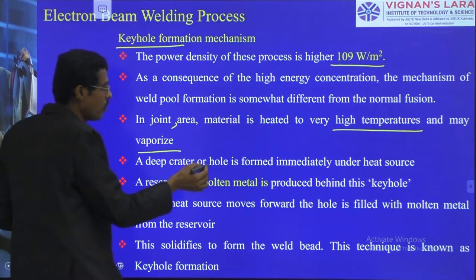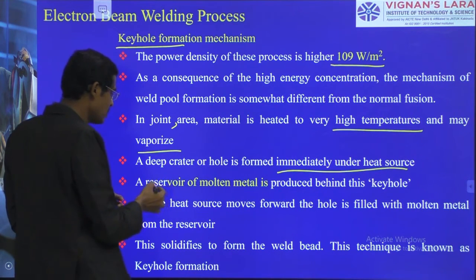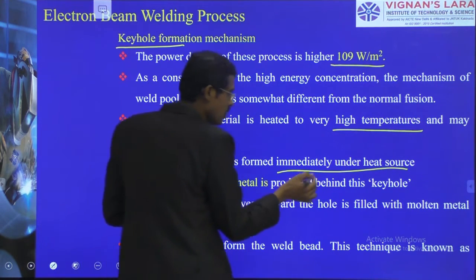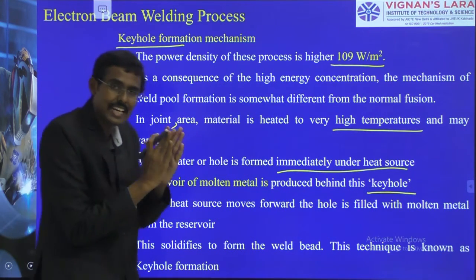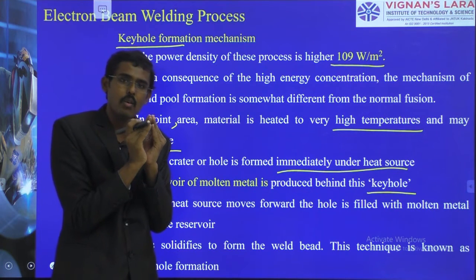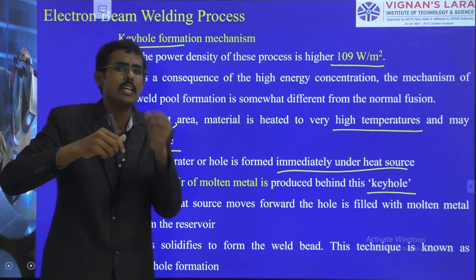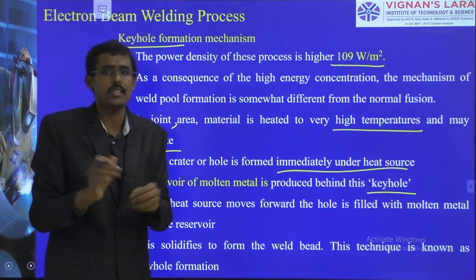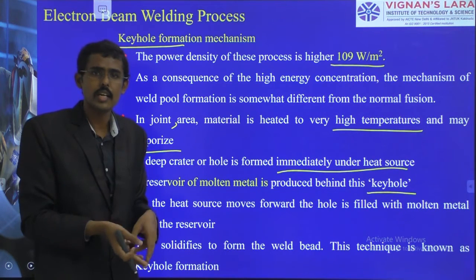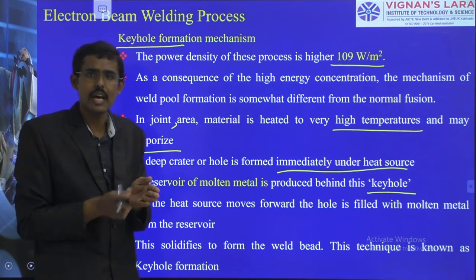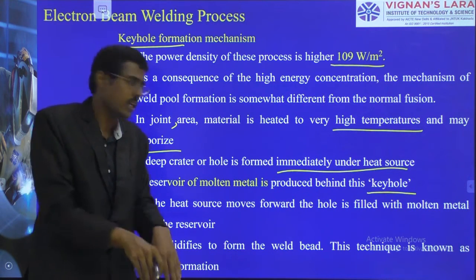A deep crater or hole is formed immediately under the heat source. A reservoir of molten metal is produced behind this keyhole. The molten metal from the surfaces at the sides comes down and melts. We are preparing a 0.1 mm intensified heat and removing the vapor. The vaporized material is gone inside, but the surfaces absorb heat below vaporization temperature, and then fill the remaining gap.